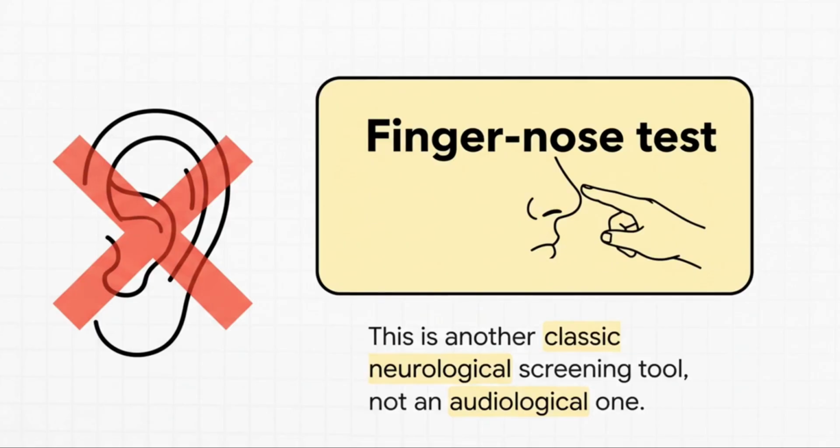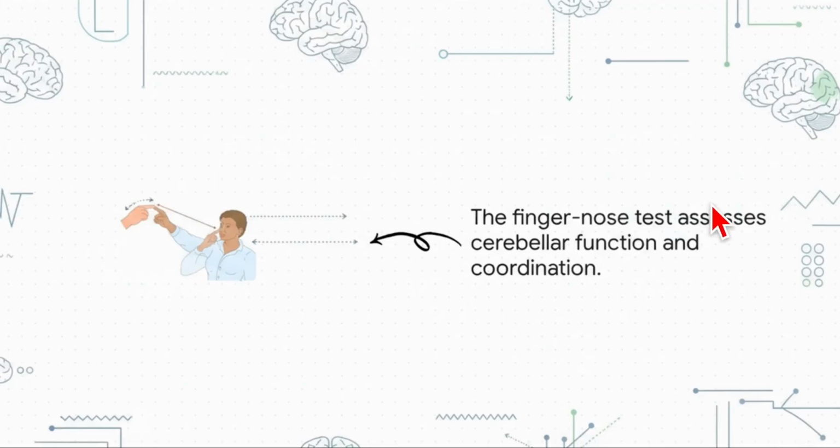Now the finger nose test, again not related to your hearing, another classic neurological screening test, which is not an audiological one. Just remember these two words: finger nose. A finger nose test assesses cerebellar function. Cerebellar is your coordination of movements, something related to ataxia and so on.